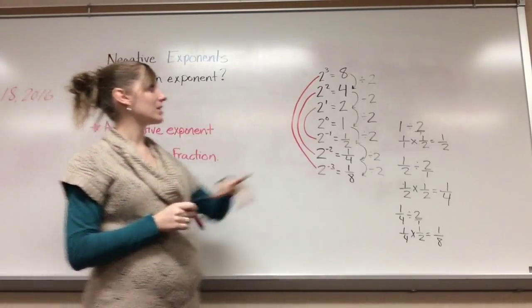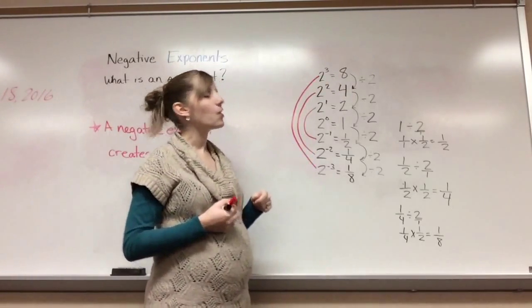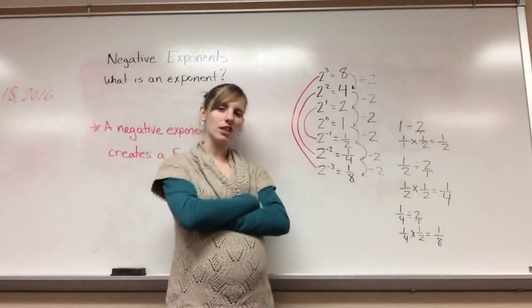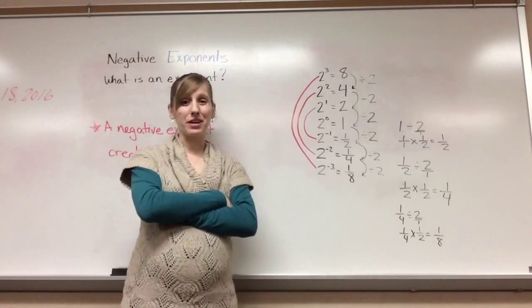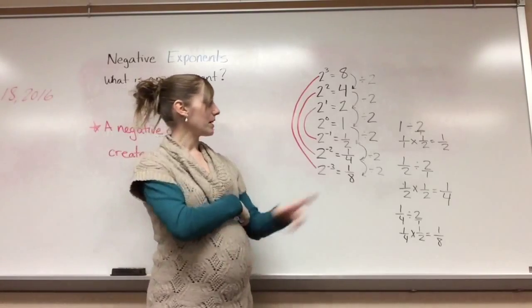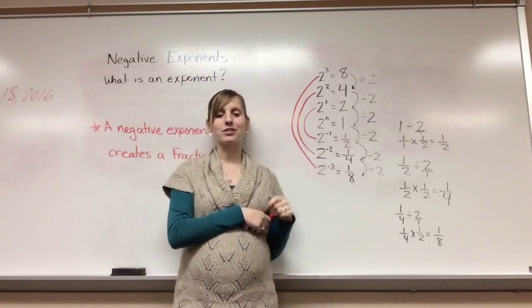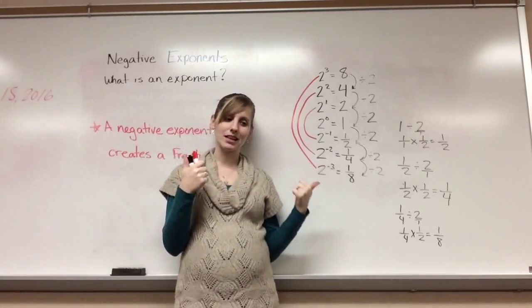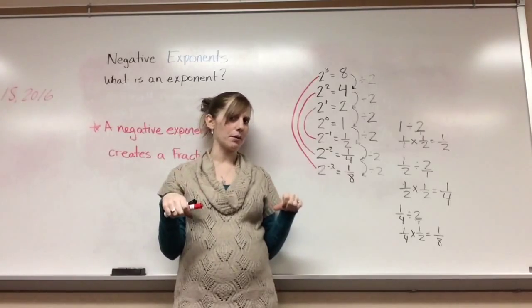So positive is going to be up in the numerator of your fraction, whereas a negative person, they're kind of grumpy, they're down in the dumps all the time, and they kind of bring you down when you're with them. So that's a lot like a negative exponent because they go down to the denominator of a fraction. Okay, so positive person, uplifting, they stay at the top. Negative person, they're kind of a downer, they go down to the denominator.